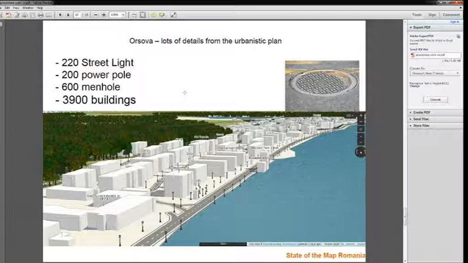This is another one, Șovata, that we imported, and this particular one was really, really good because it contains a lot of interesting data like the street lamps and also the manholes and power poles.